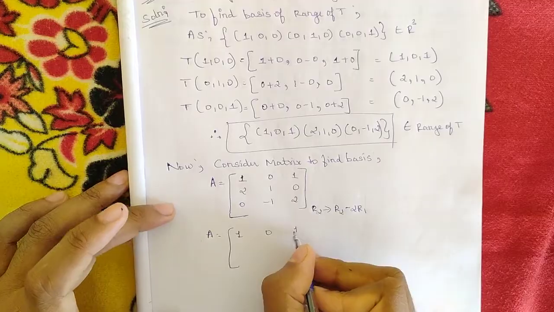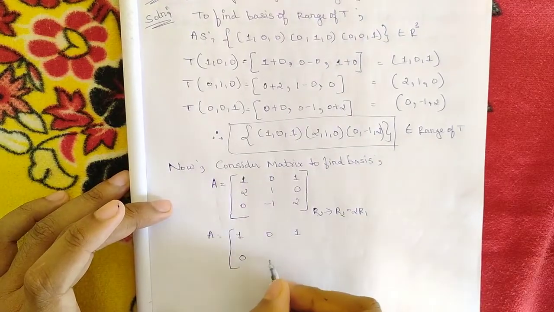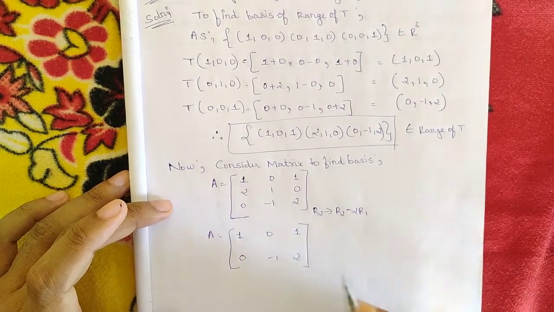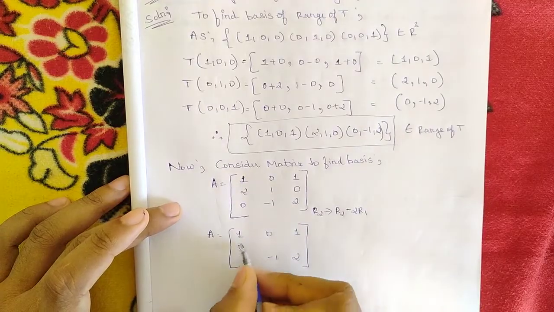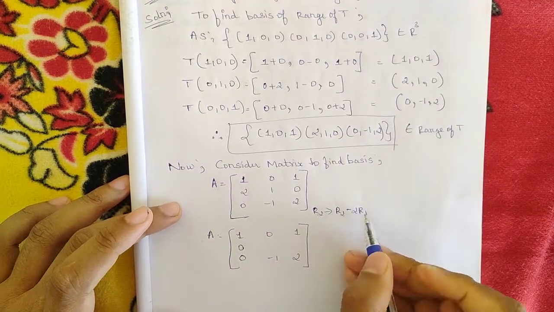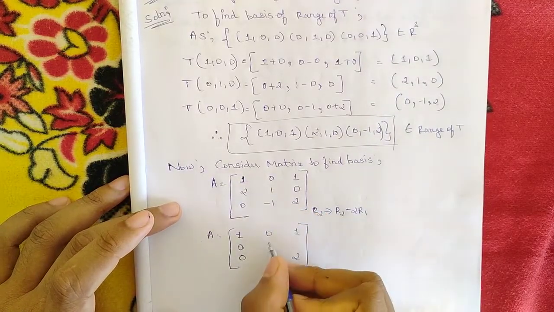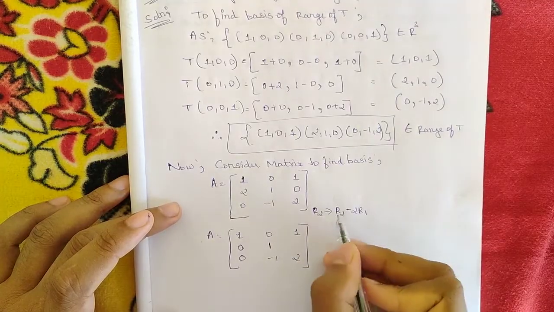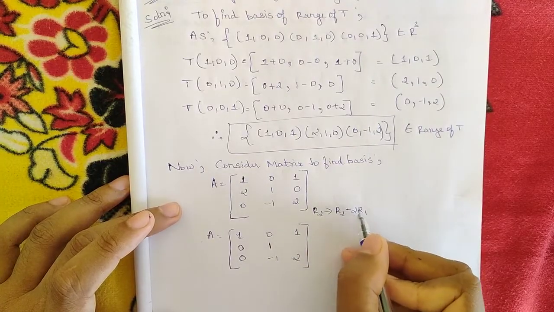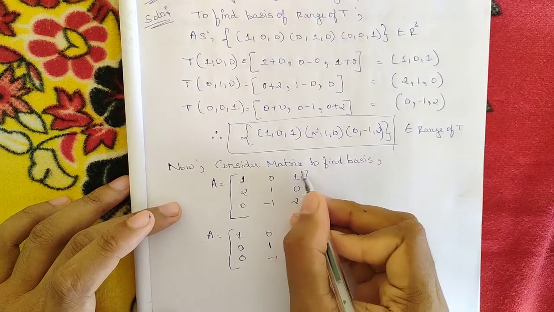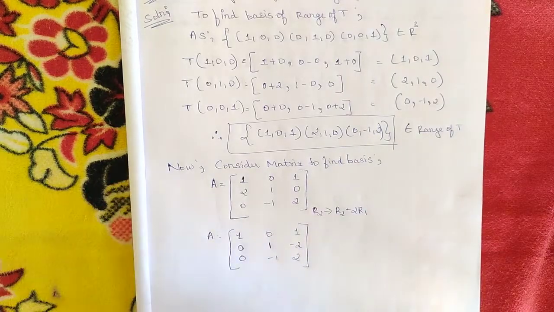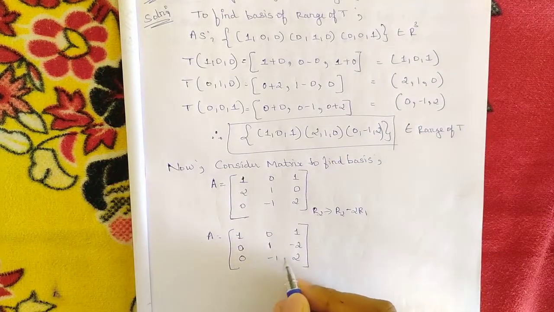First and third rows stay as they are: 1 0 1 and 0 minus 1 2. R2 minus 2 R1: 1 minus 2 into 0 is 1 itself, and 0 minus 2 times 1, that is 2 ones are 2, so 0 minus 2 is minus 2. Now this term should be made equal to 0.